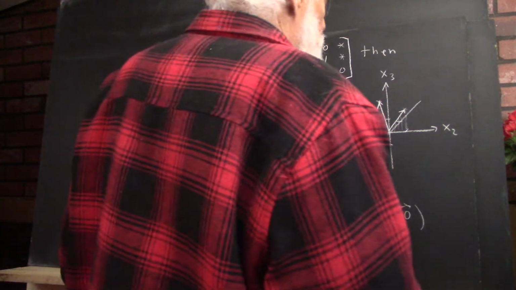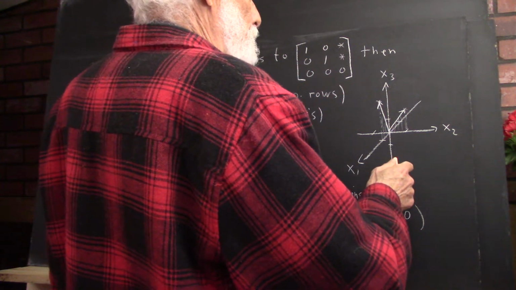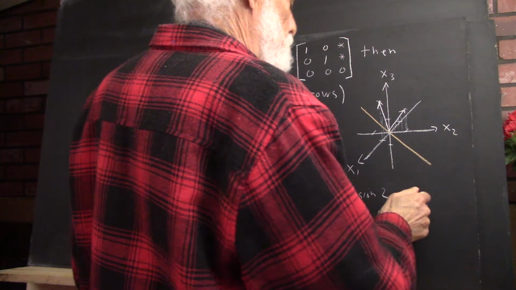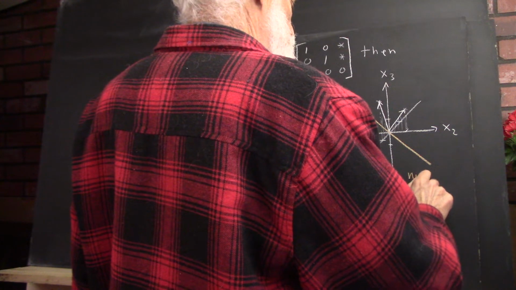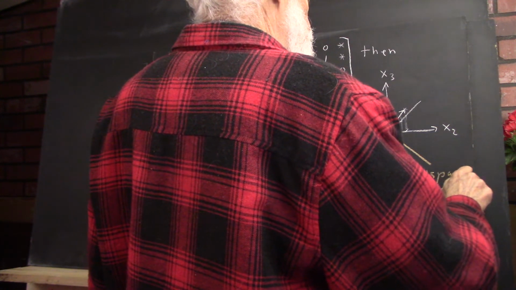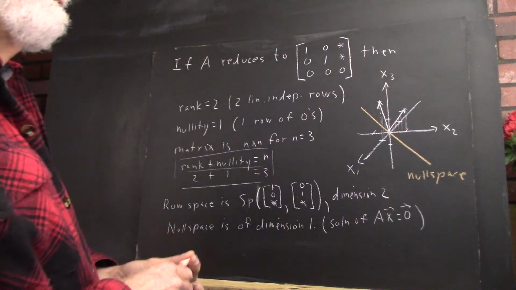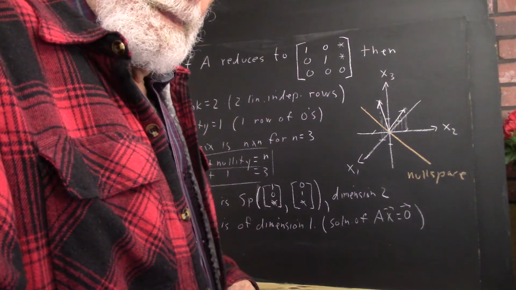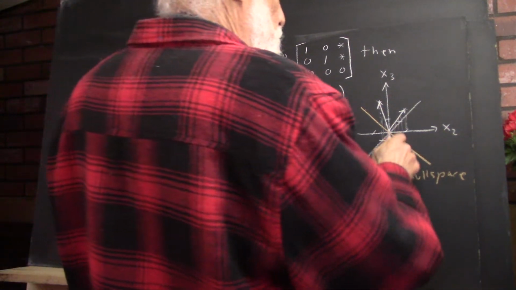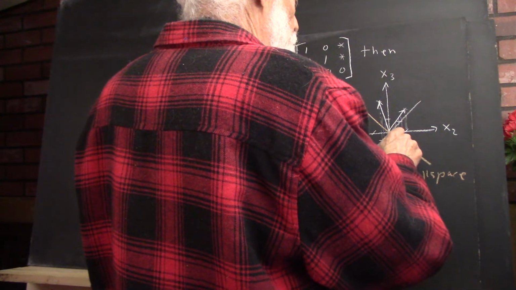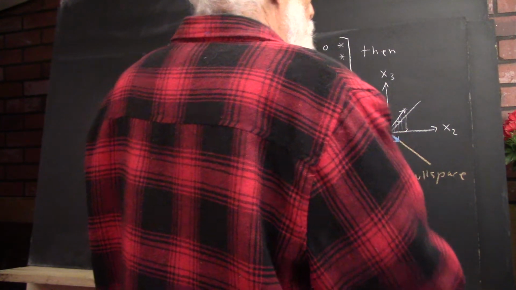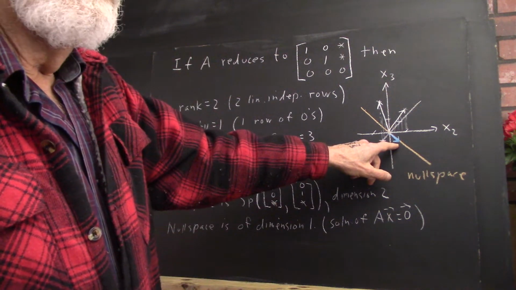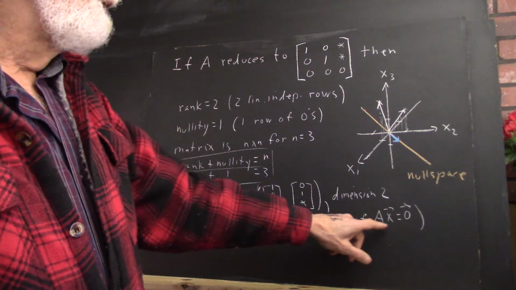Okay, so let's just say that your null space looks like this. Now, we don't know where any vector is, but consistent with the way I pictured it previously, I'm going to draw a little blue vector here along the direction of the null space. This vector would be a vector we get when we solve Ax equals 0.